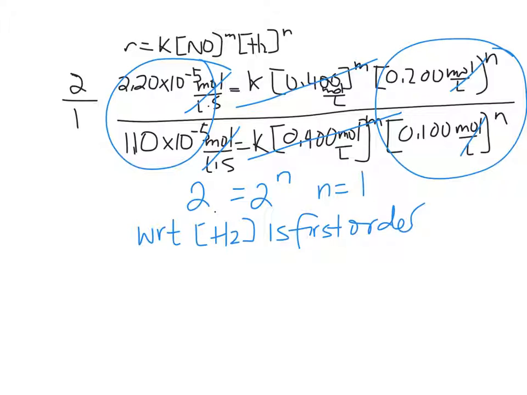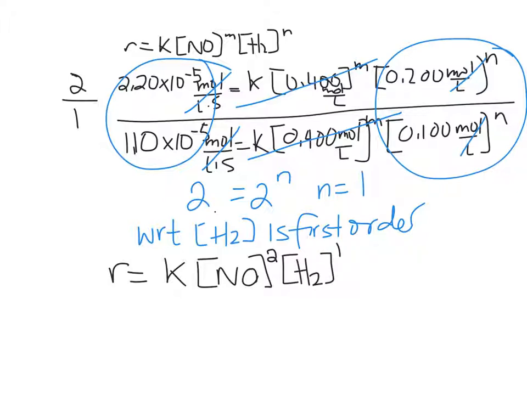Now we can rewrite our rate law expression. It's some constant K times the concentration of nitrogen monoxide to the power of 2 times the concentration of H2 to the power 1. Now that we have our exponents, we can solve for K again.